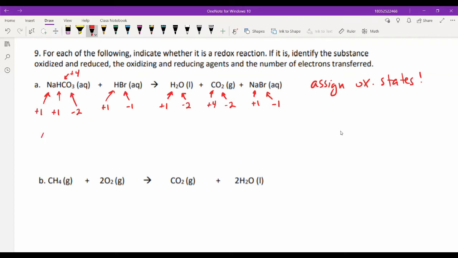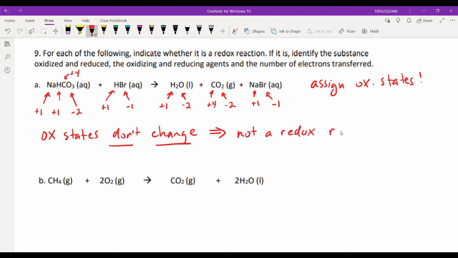So basically, in this reaction, the oxidation states don't change. So this is not a redox reaction. This is actually an acid-base reaction. Acid-base reactions and precipitation are not redox. Everything's staying the same in terms of oxidation states.